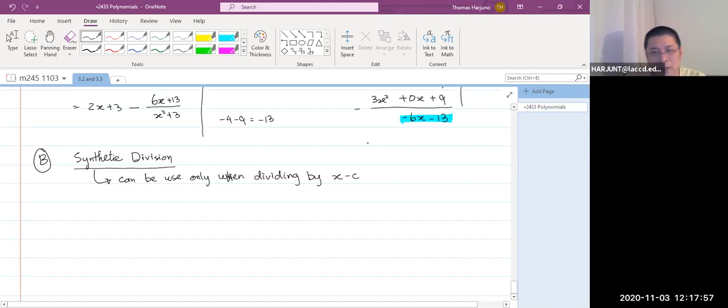Okay, x minus something, x plus something. So the divisor has to be a binomial of degree 1 with leading coefficient 1.